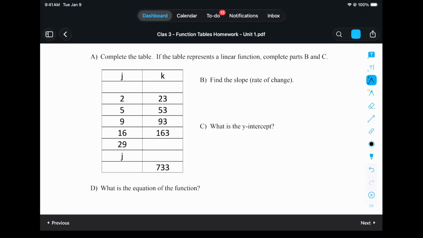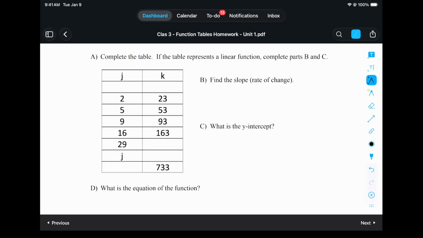Right off the bat, we're going to try to complete the table. So our variables are J and K. Or like in a table, it would be your input and output, right? So if you input 2, you get 23.